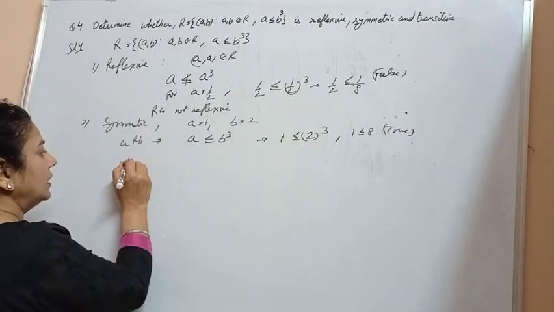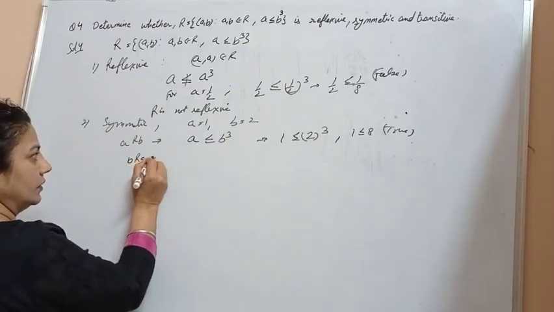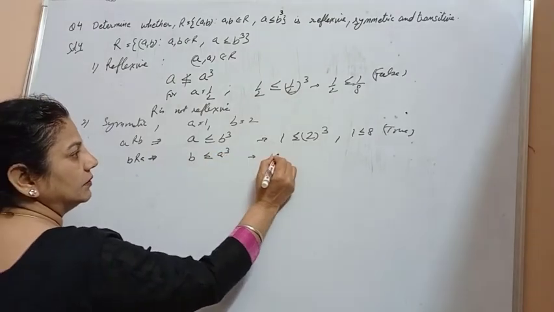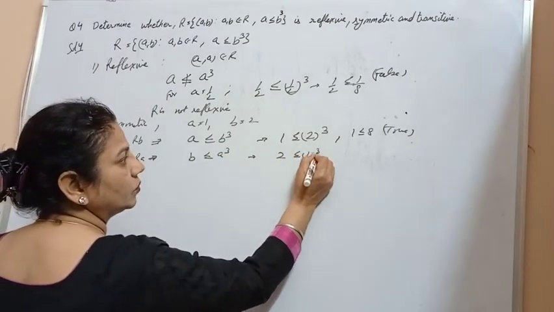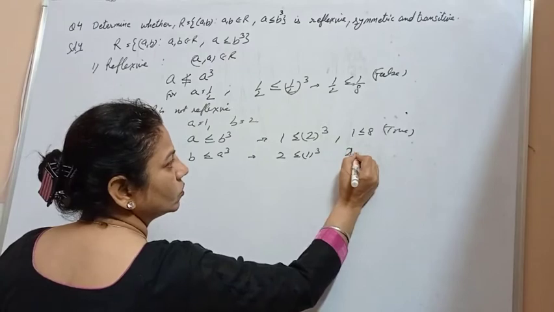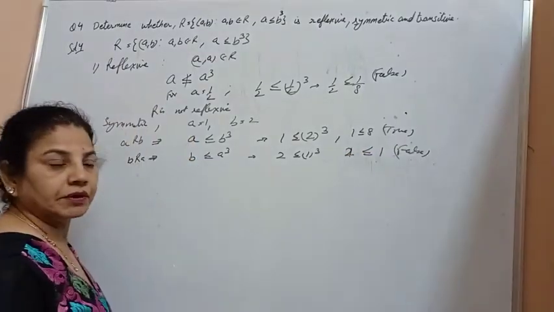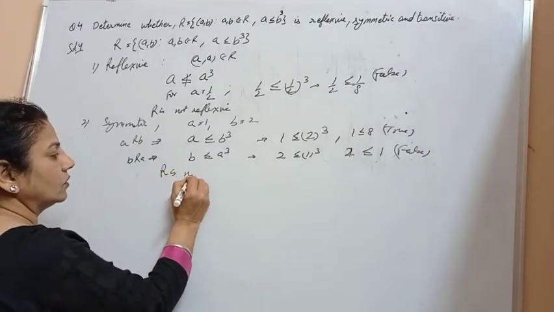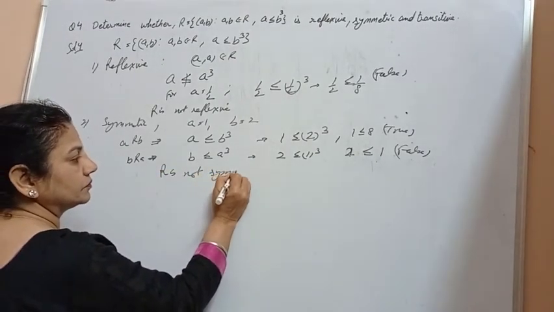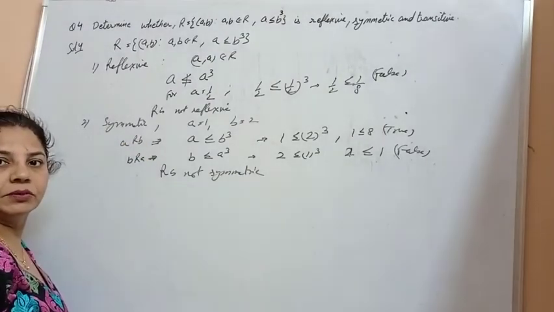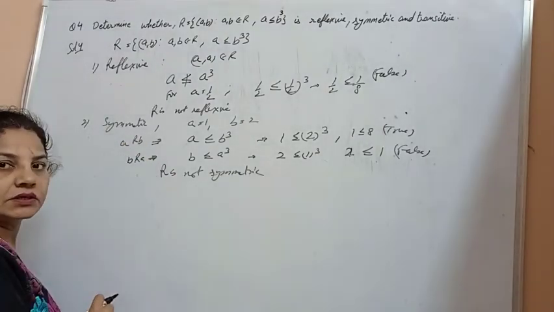But is B related to A true? B is less than or equal to A cube, that means 2 is less than or equal to 1 cube, so 2 is less than or equal to 1. This is a false statement. So R is not symmetric. A is related to B, but B related to A is not true. So we say R is not symmetric.